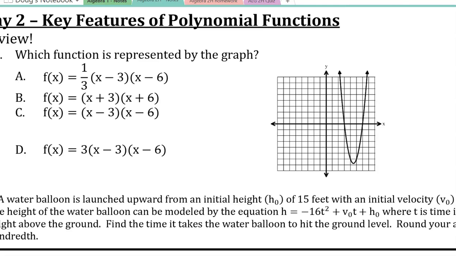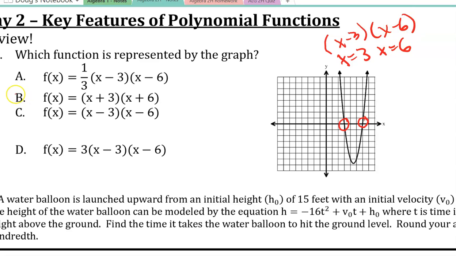So the first couple of things we can see. We see our zeros at x equals 3 and x equals 6. So we know that at least part of our function is x minus 3 times x minus 6.